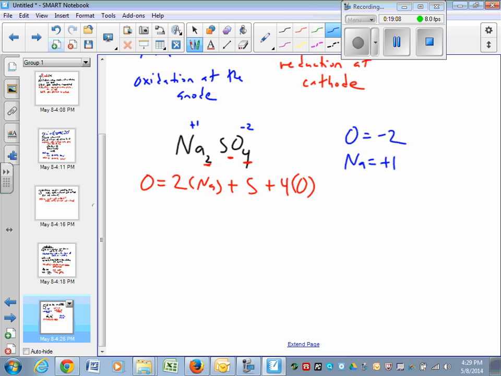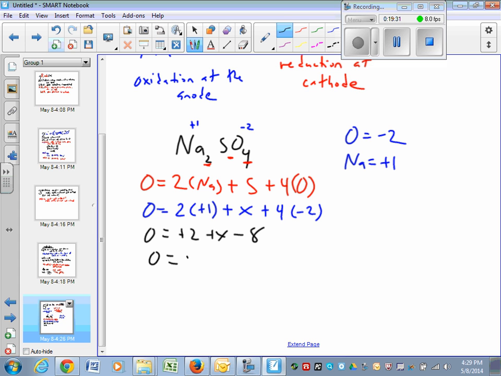So I have 0 equal to 2 times the +1 charge, plus X sulfur, plus 4 times the -2 charge. So 0 equals +2 plus X minus 8. 0 equals X minus 6. So X is equal to a +6 charge.